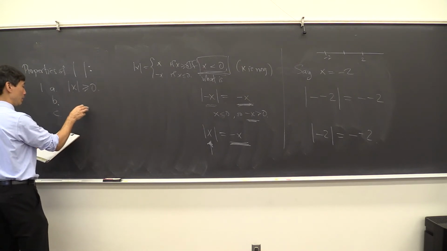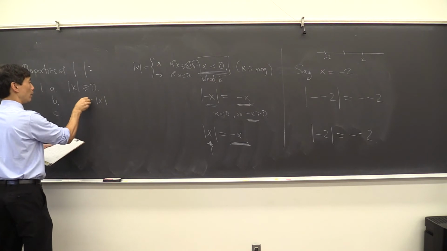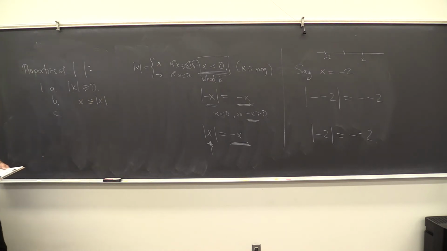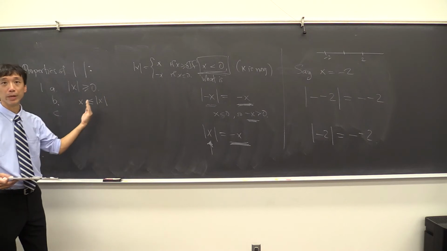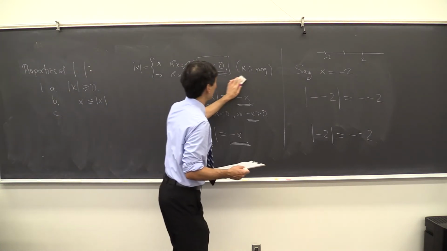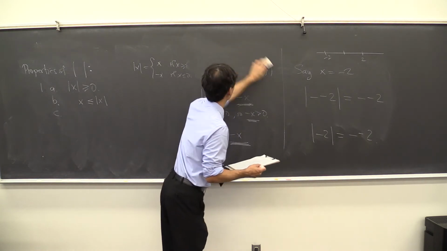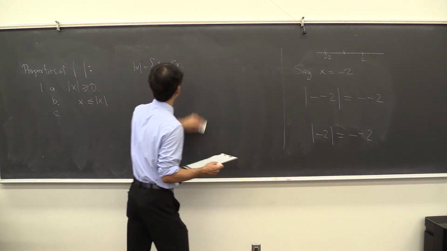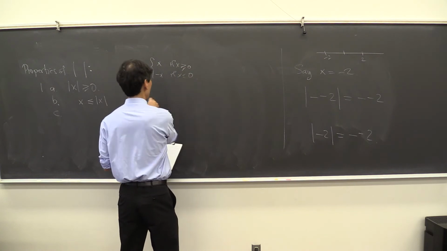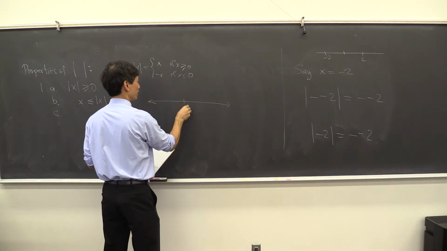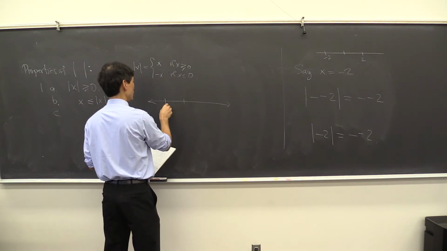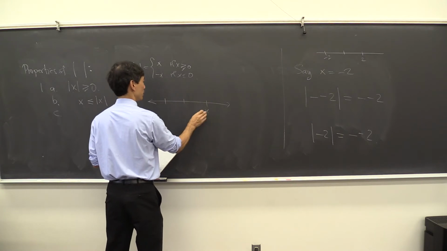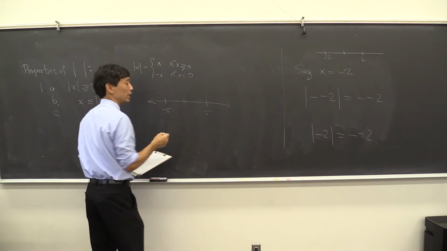The second thing is that the absolute value of x is always bigger than or equal to x. It's either equal to or to the right of x itself. You can probably convince yourself of that graphically. Suppose you have some number 5 and some number -5.